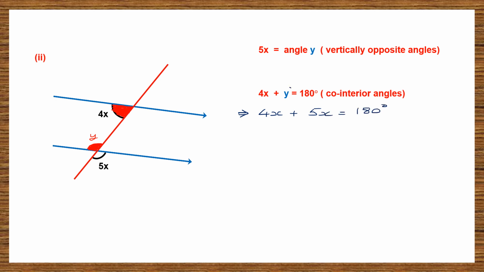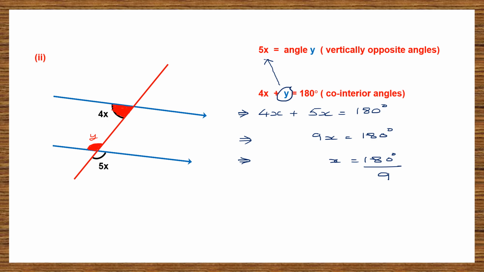How did I get 5x? This y we said is equal to 5x here. That's how we got 5x here. Now let's continue. 4x plus 5x is 9x. 9x is equal to 180 degrees. Now we can find the value of x. X is equal to 180 degrees divided by 9 because we have transposed 9 to the right hand side.